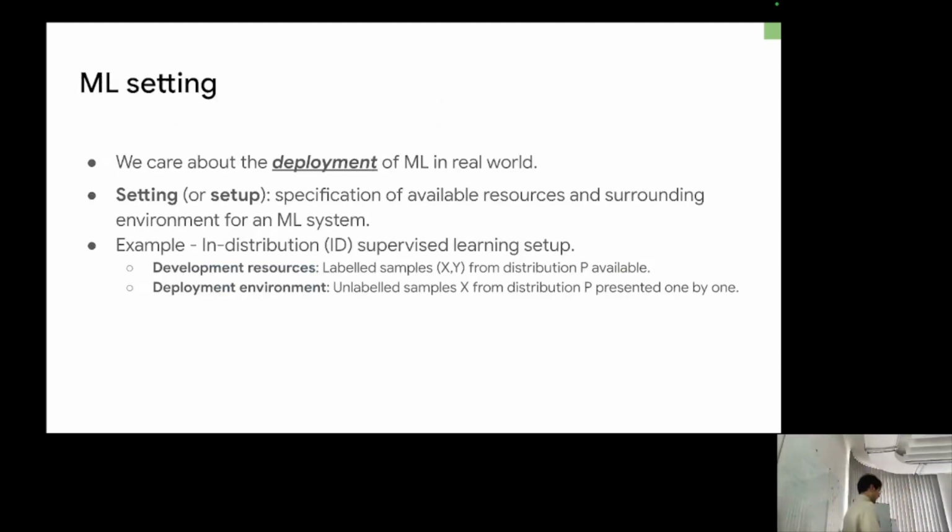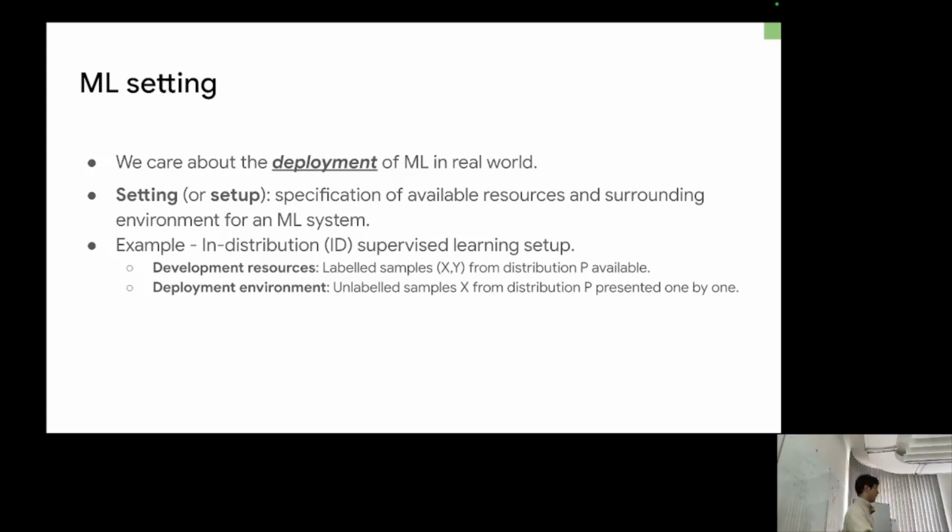So an ML setting is a statement of what is available during the development and what is given during deployment. One example of that is basically the input and output of the model. The input to model training is the set of data, the expertise of the model engineers, and also the expectation of the business owner, who may have some idea of where this model should be applied, all this kind of soft knowledge as well.